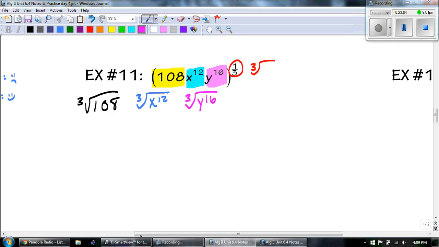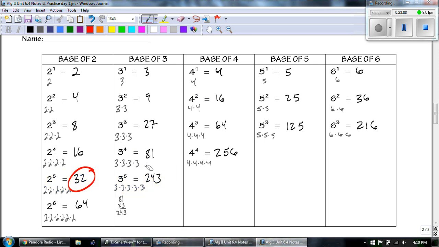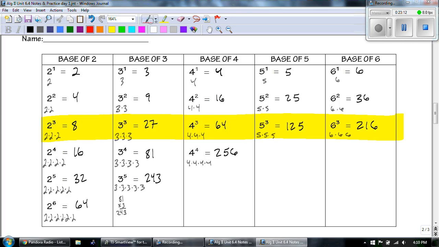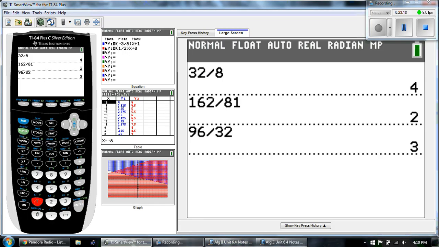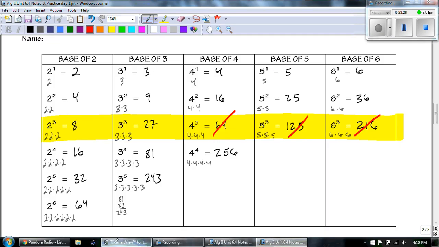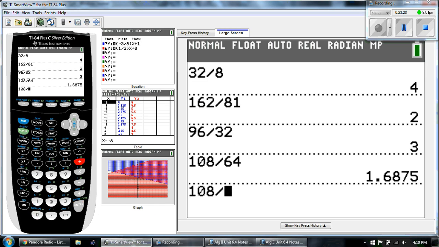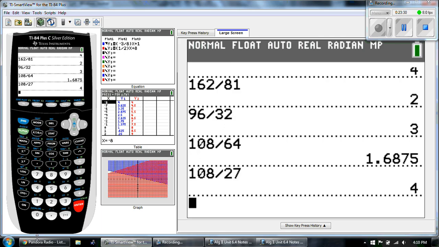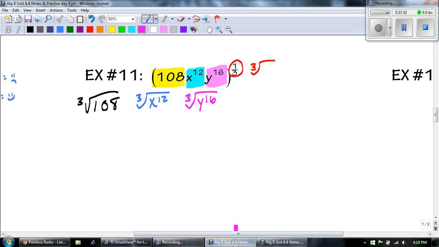Okay, so 108, as I'm looking through my list of cubed roots, no, 64 maybe. Let's try it. 108 divided by 64, no. Okay, what about 27? Yeah, there we go. So 27 and 4.